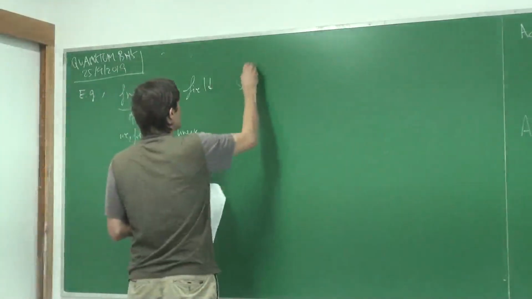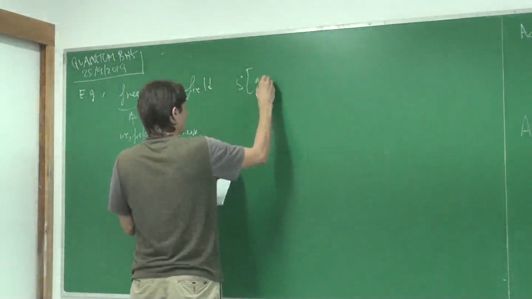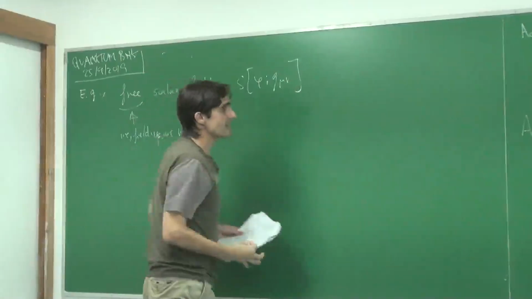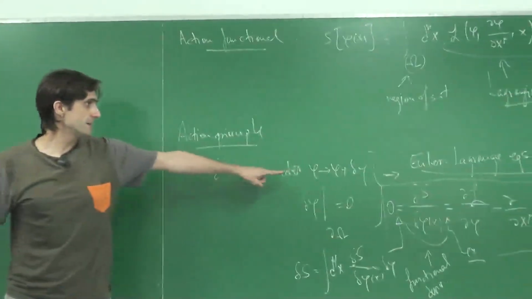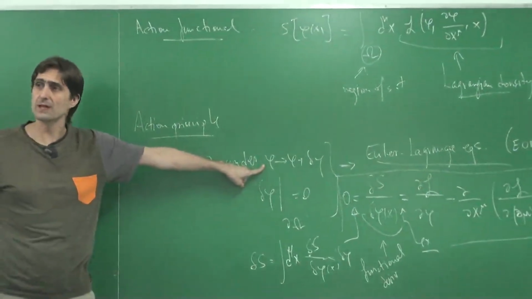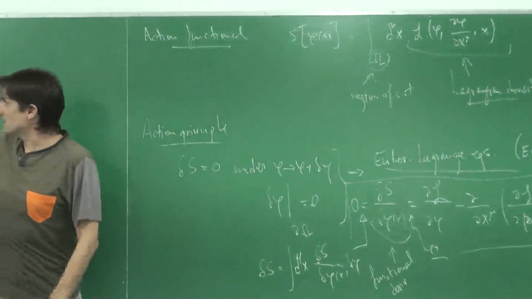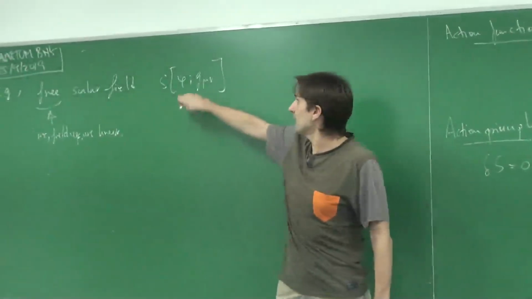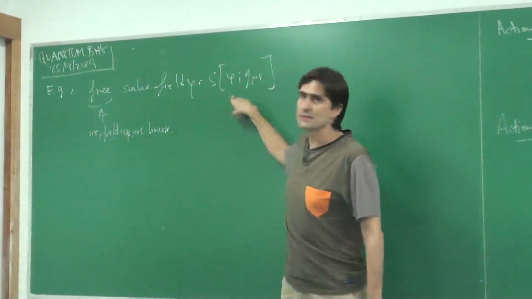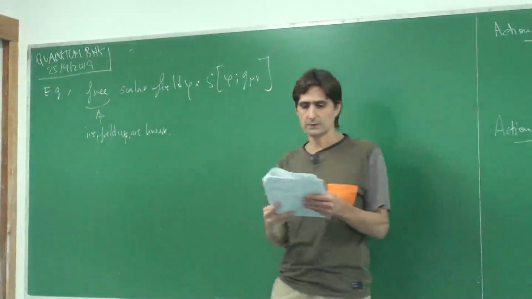So as I say here, phi denotes any field. It could be a tensorial field, not just a scalar field. In this specific example, phi is a scalar field, and this is the action corresponding to the scalar field.